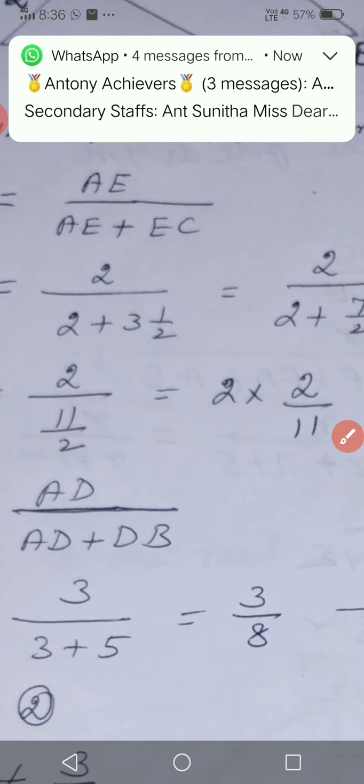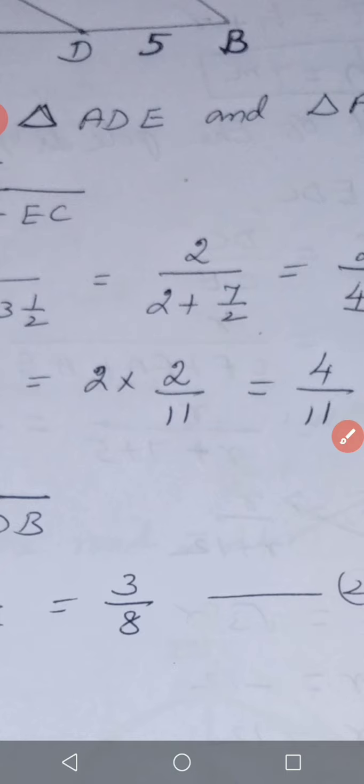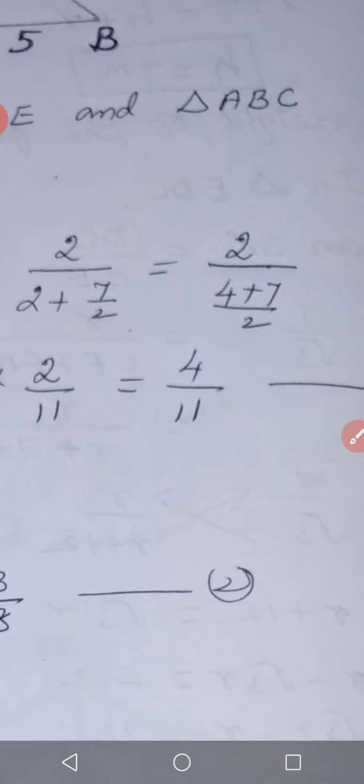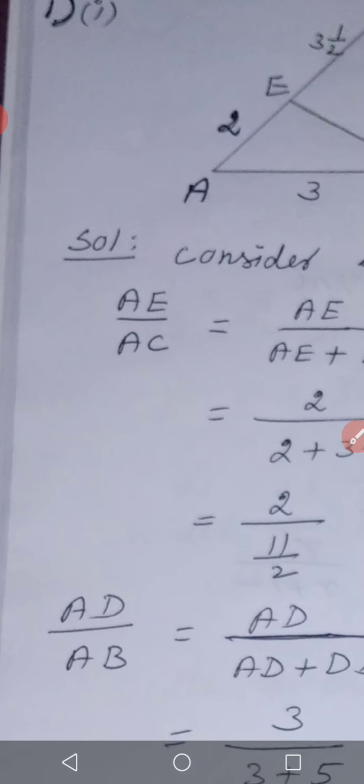So this division becomes multiplication and this term gets reciprocal, that is 11 by 2 becomes 2 by 11. Now multiply 2 into 2, 4 divided by 11. Mark this as 1.